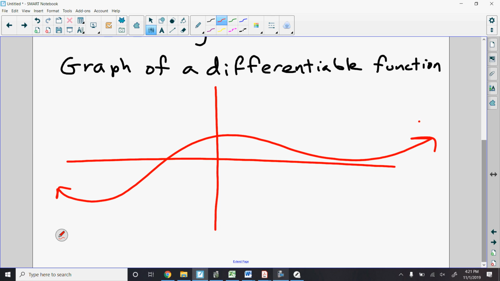So here's a function f of x. And this graph appears to be differentiable because not only is it continuous, we don't have any jumps, holes, asymptotes, anything like that, but also notice how it's smooth. So smooth and connected.